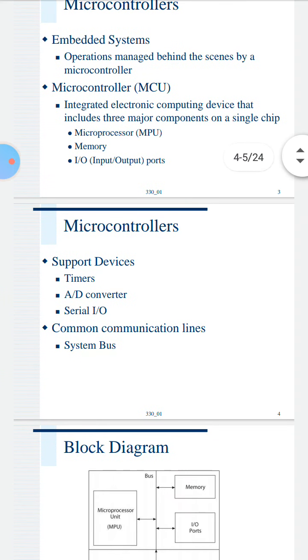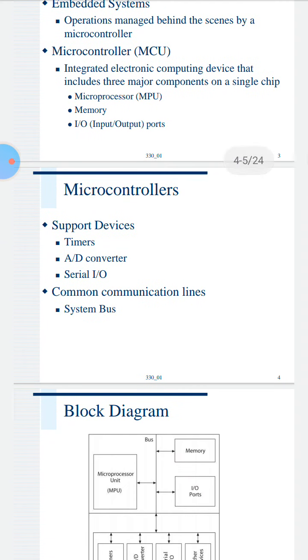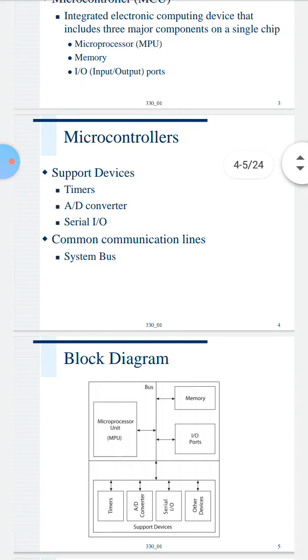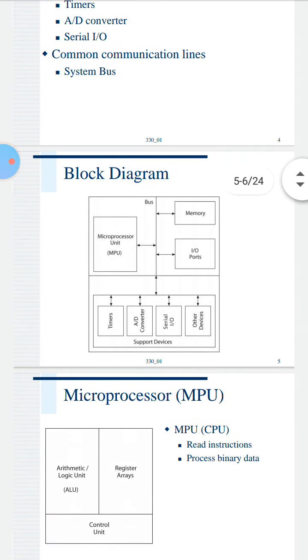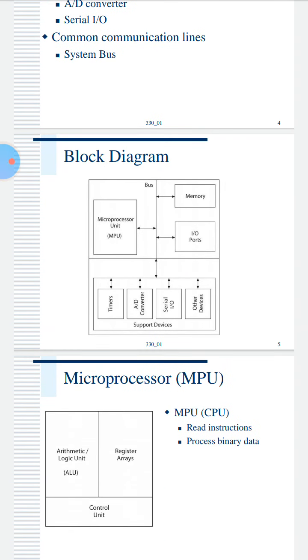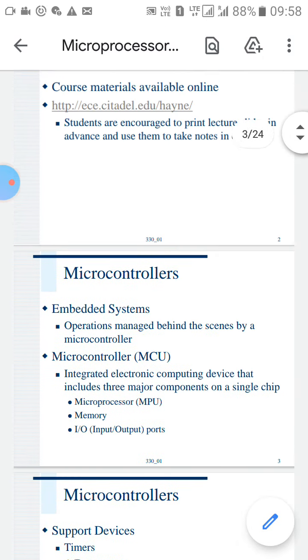The supporting devices are very important, like timers, A to D converters, and common communication lines like the system bus. Before you start with the block diagram of the microprocessor, the memory units, input-output ports, timers, A to D converters, serial ports, and other supporting devices are very important to study.